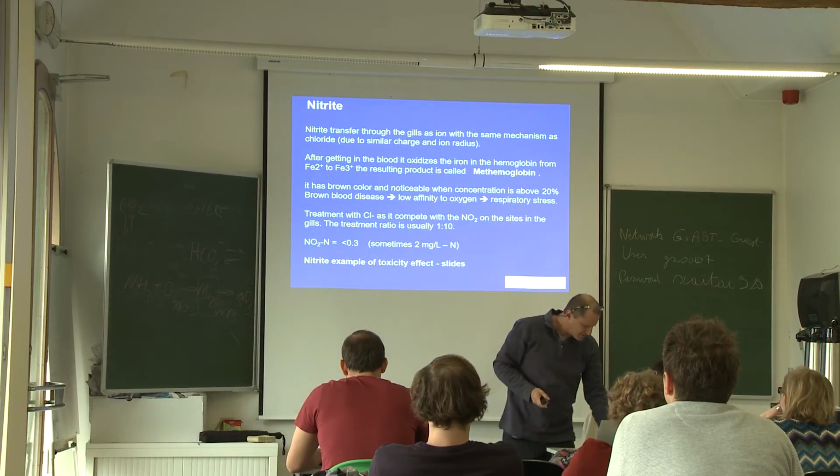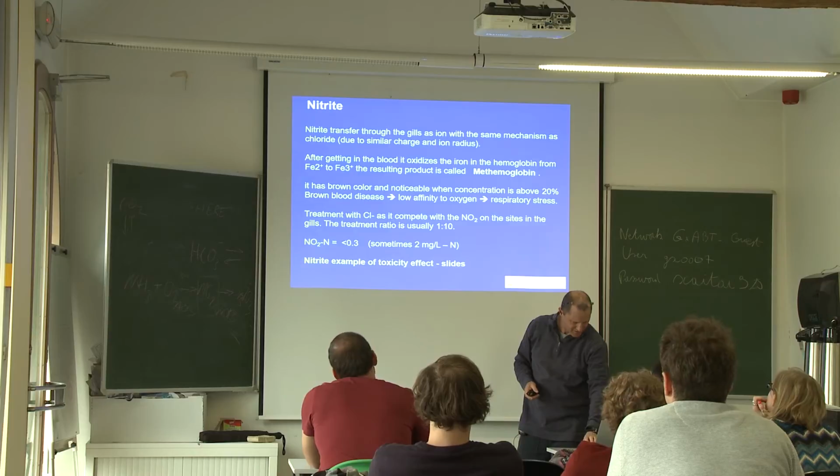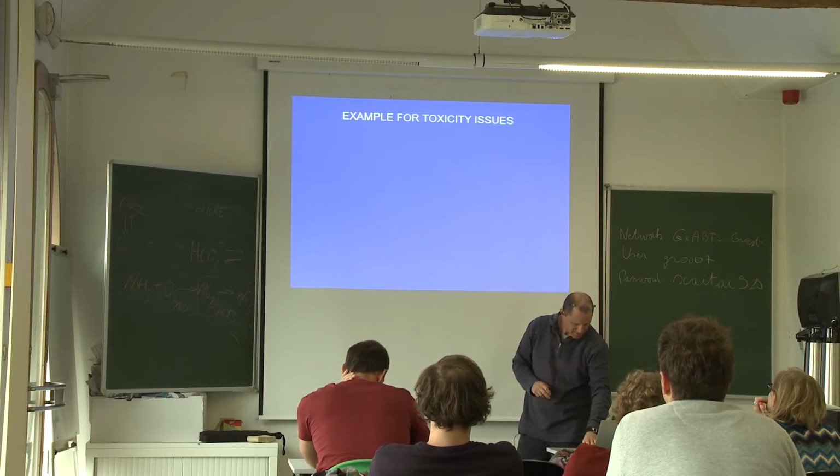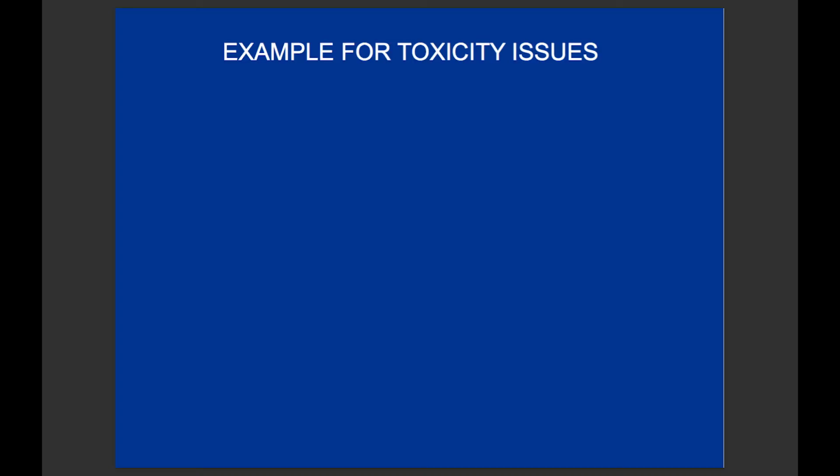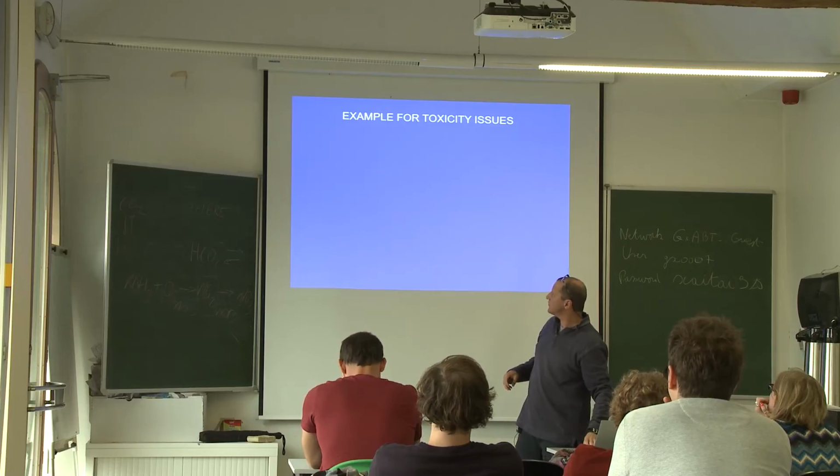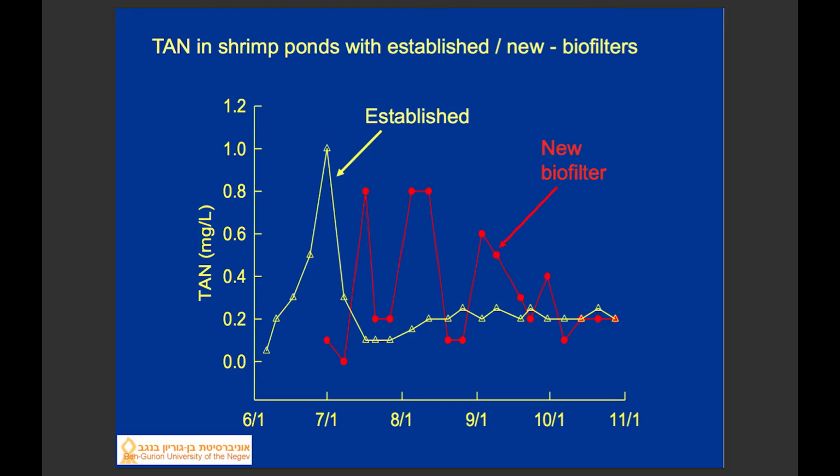To break down the list of parameters, there is an experiment that was conducted a few years ago about the toxicity of nitrite, and again the importance of how you determine toxicity, what is toxic, how you do that, which is a bit tricky in these systems.